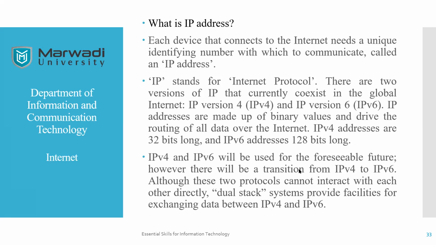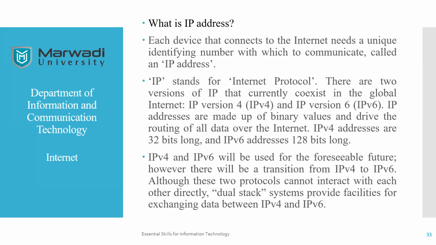However, there will be a transition from IPv4 to IPv6, although these two protocols cannot interact with each other directly. So you can use either IPv4 or IPv6. The difference is that IPv4 is the older version and IPv6 is the upgraded version.